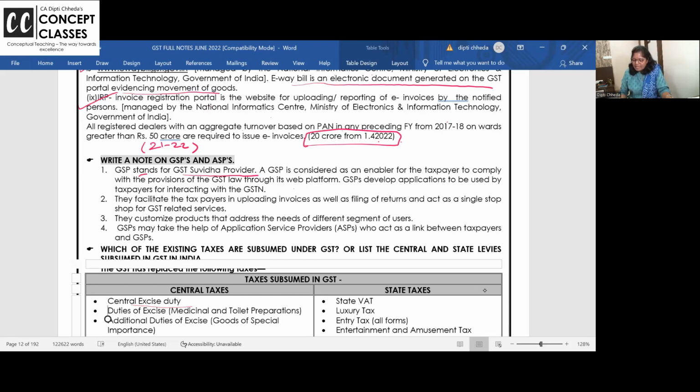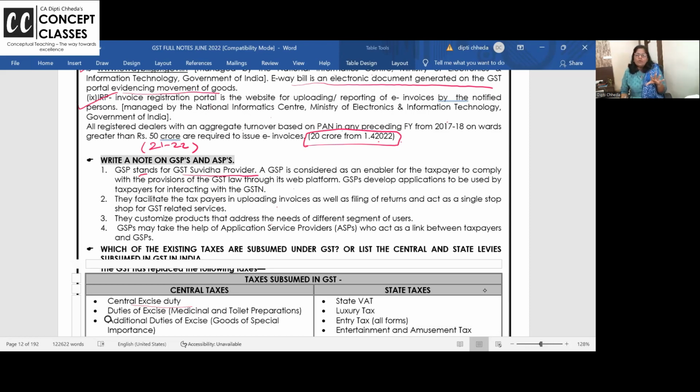GSPs develop applications to be used by taxpayers for integrating with the GST. Now they help facilitate, so you can go to Suvidha providers and take their help. They facilitate taxpayers in uploading invoices in a single stop and all. They give all kinds of services.